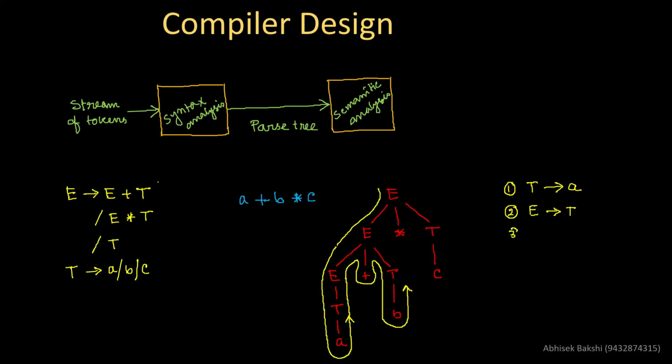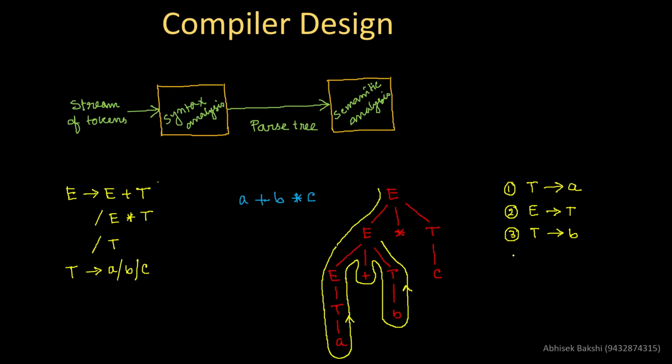Now in the third step, we have to use T to b, this production rule, to reduce this small b to capital T. Reduction means the opposite one, small b to capital T. But exactly what production are you using? T to b, right? Then I'll go upward again, and you will see that everything is reduced over here.